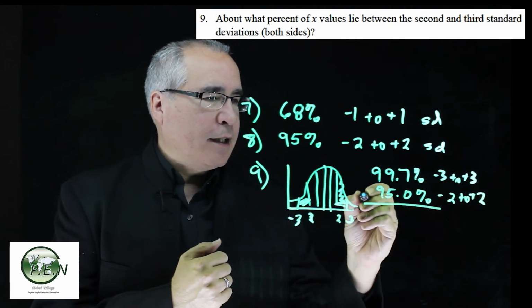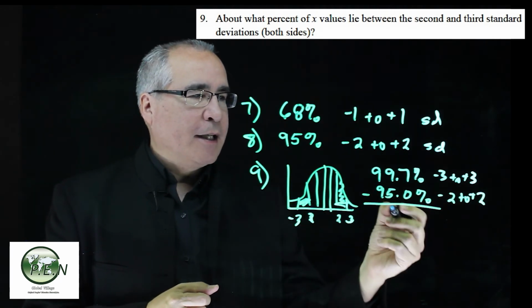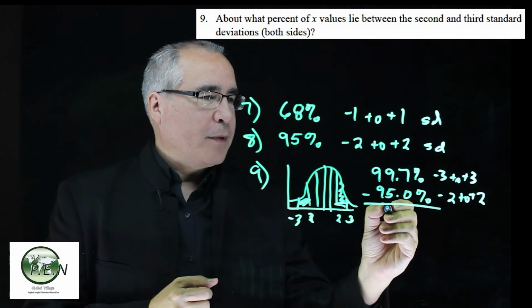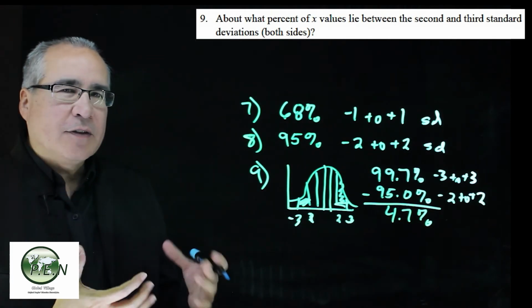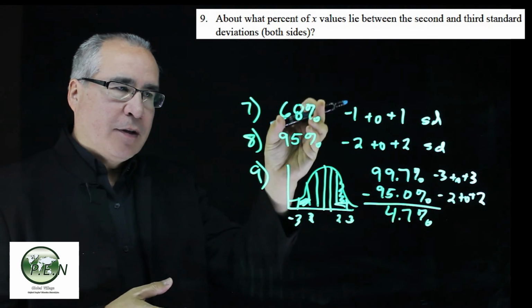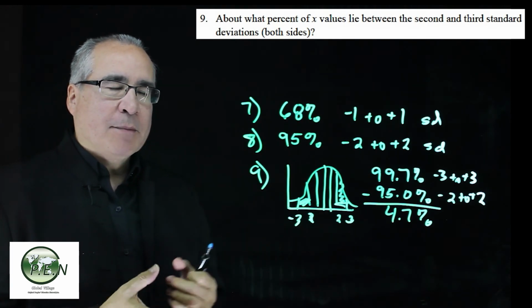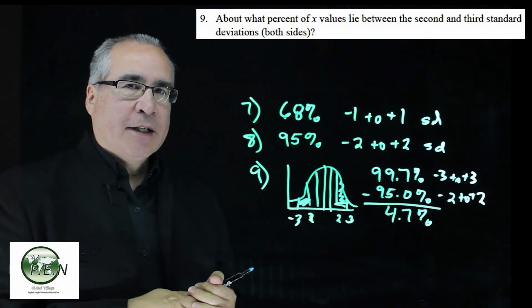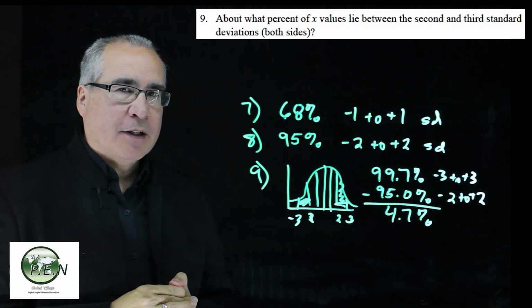So if we subtract these two, we're basically just taking out the center part, left with what we want. And when we do the subtraction, we get 4.7%. So you can see how with just this empirical rule, we're able to use it in various ways to come up with what percentage is represented by certain areas under the curve.